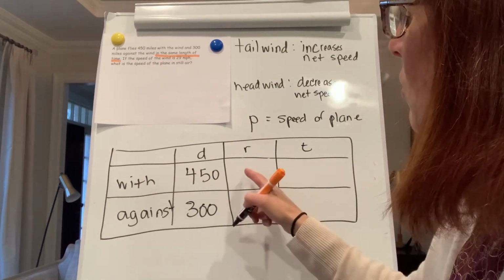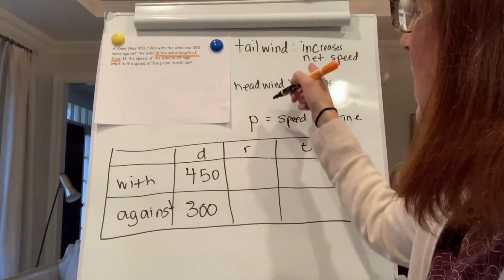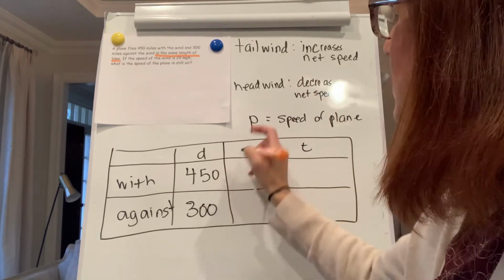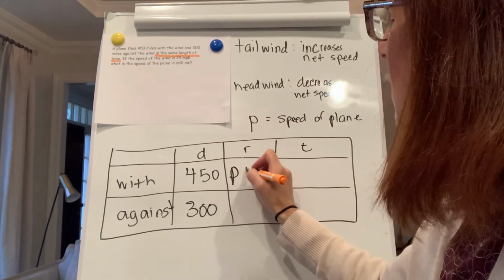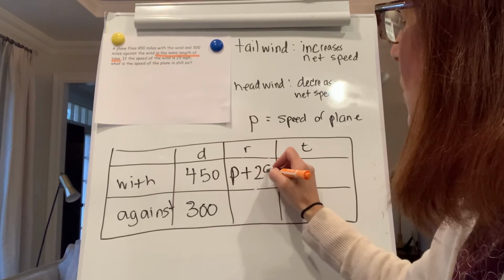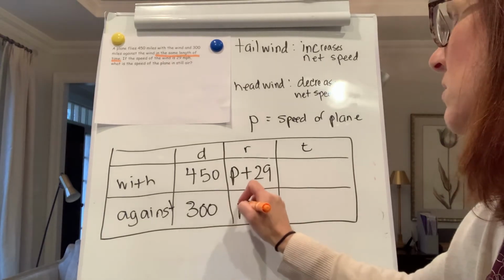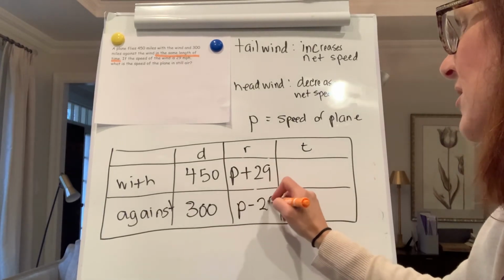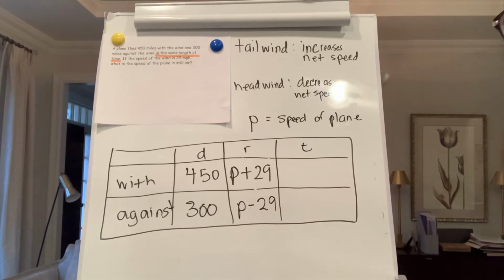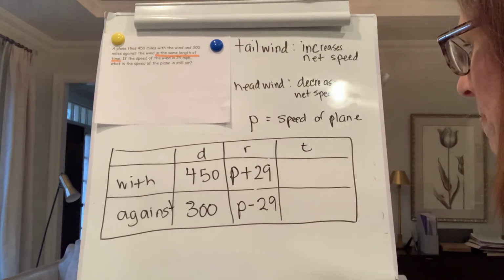We know that with the wind, it increases my net speed, so I don't know what my speed is, P, but I'm going to add 29 onto it because 29 is the speed of the wind. Going against the wind, I take my speed and I have to subtract off 29 miles per hour because the wind is pushing me.